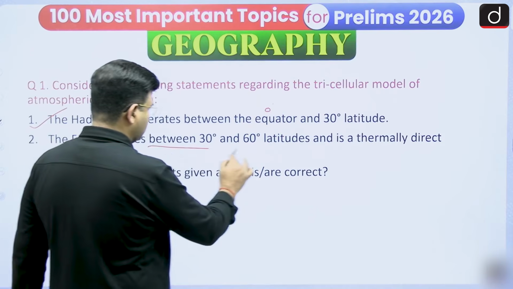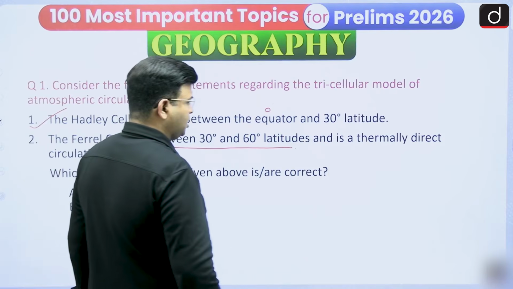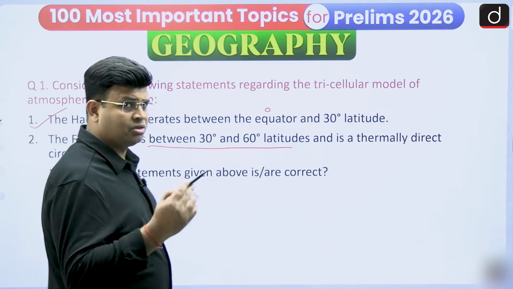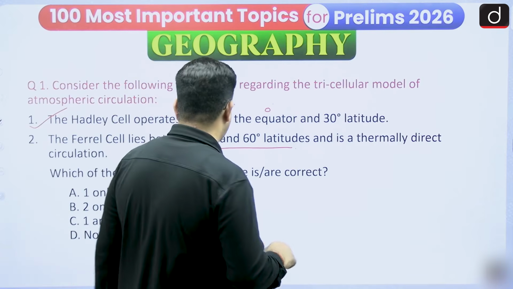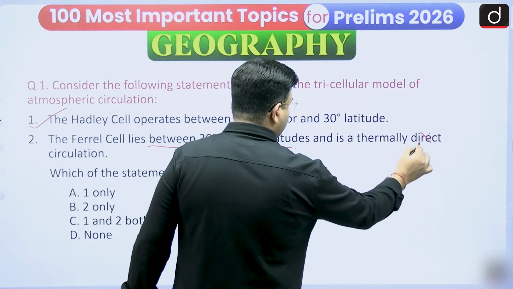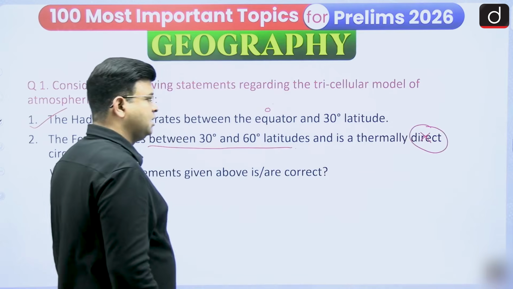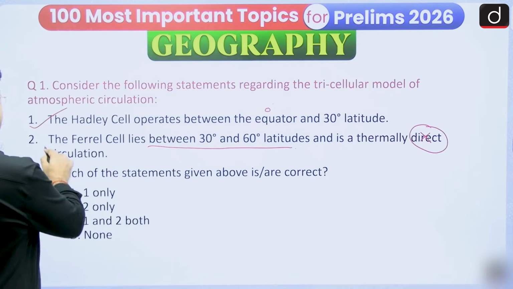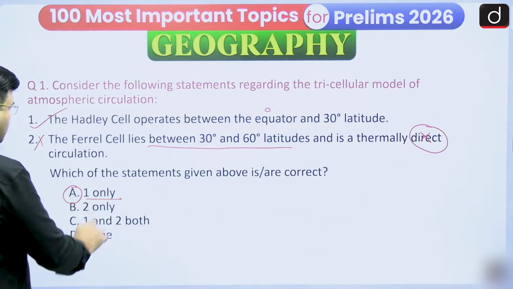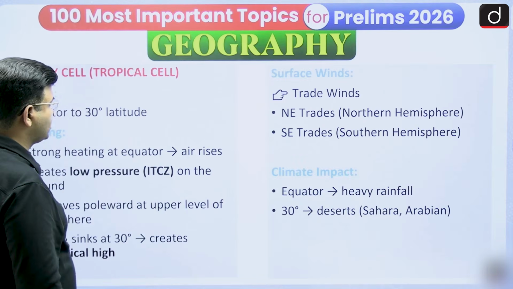This statement is correct. And it is a thermally direct circulation? No, it is not thermally direct, it is thermally indirect. So on the basis of that, this statement is wrong. So only one statement is correct.